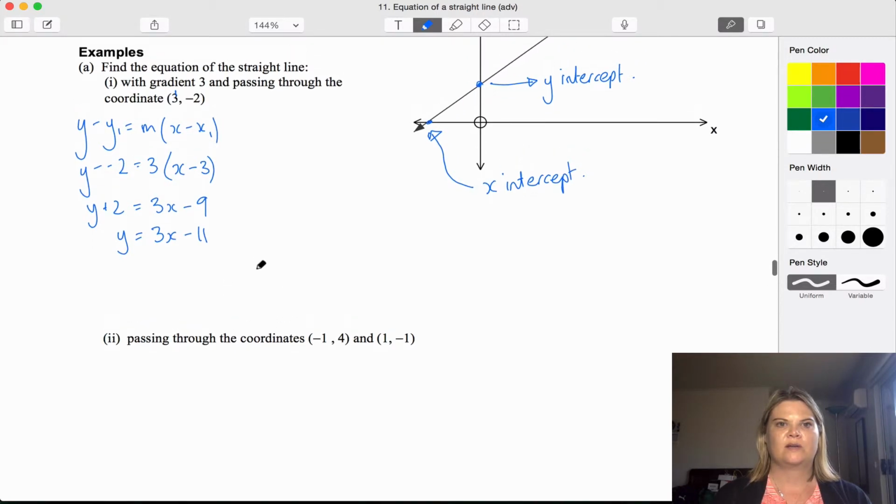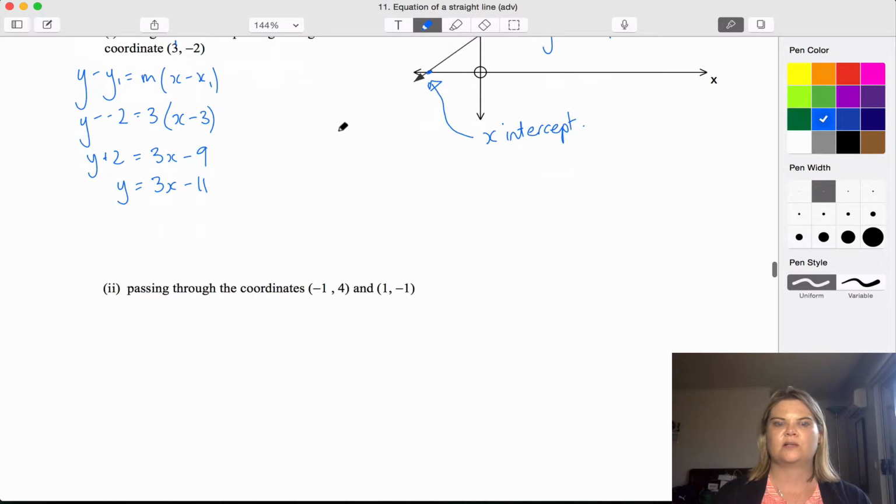Part 2, find the equation of the line passing through these two coordinates.